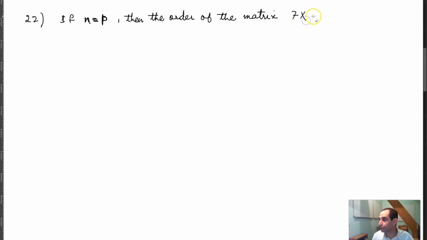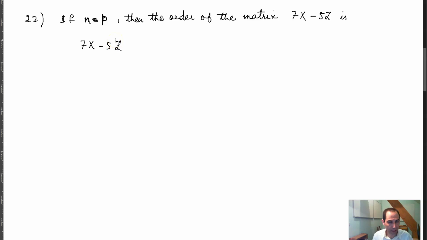Okay, so now 7X minus 5Z, the order of this matrix. To figure out the order of this matrix, of course 7 is not important here, 5 is not important here.